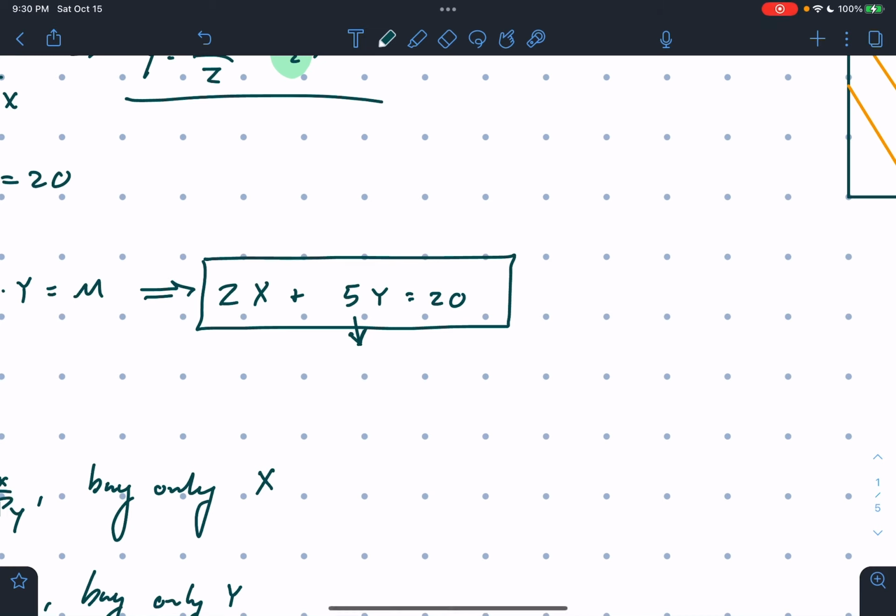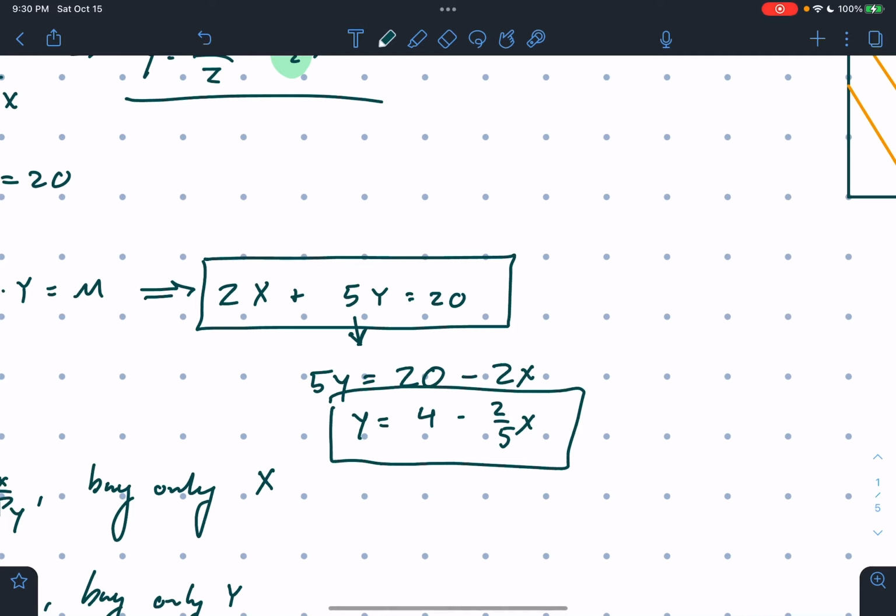I get 5y is equal to 20 minus 2x, and I divide over by 5, and I get y is equal to 4 minus 2/5 x. Okay, so this is another equation to represent the budget line.